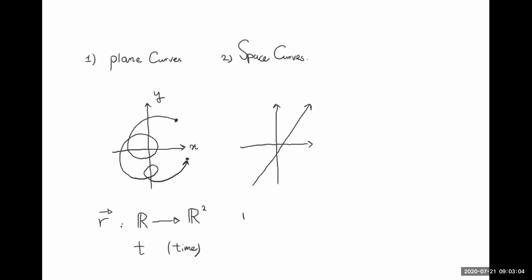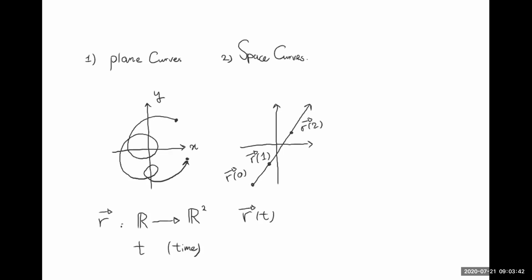And R of t tells me where a particle is at time t, which is not a bad way to think about it. So for example, at time 0 this particle is here. At time 1, we can think this particle is here. At time 2, the particle is here, and etc. Okay, so let's look at a few examples.